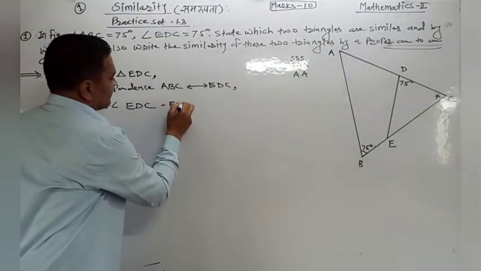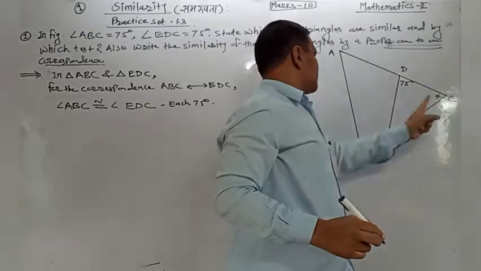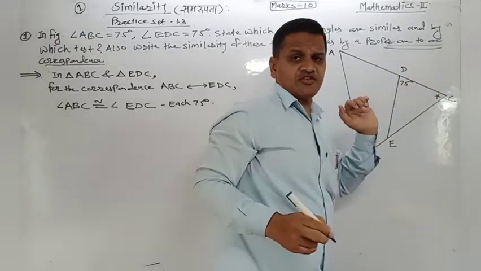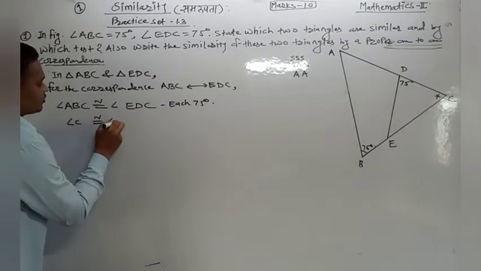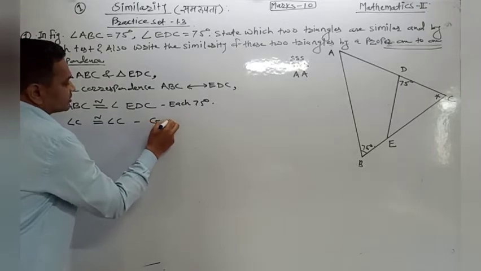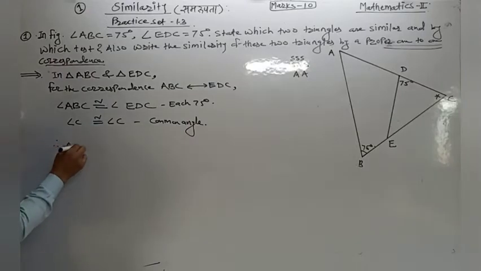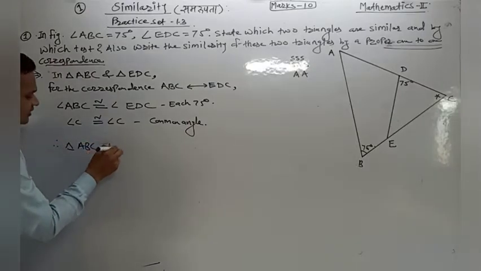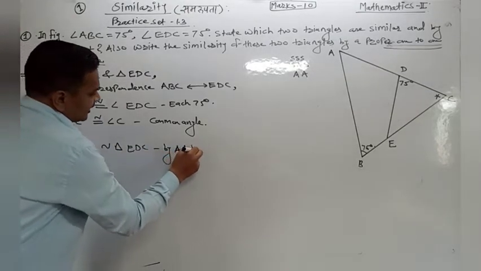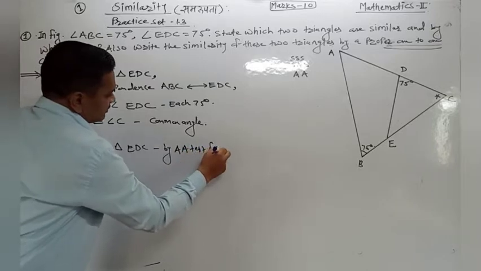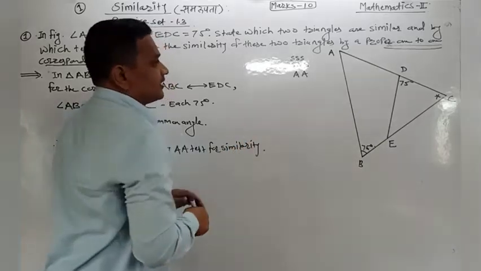Each is 75 degrees. And angle ACB is congruent to angle ECD, because it is the common angle between the two triangles. Angle C is congruent to angle C. Why? Because it is a common angle, right? Therefore, triangle ABC is similar to triangle EDC by double A test for similarity.